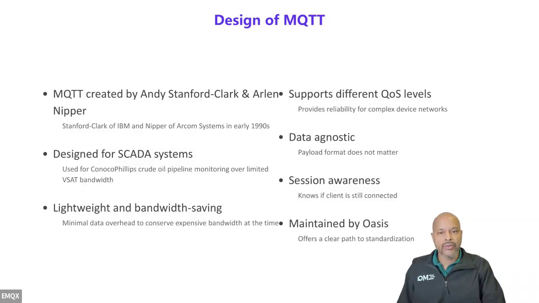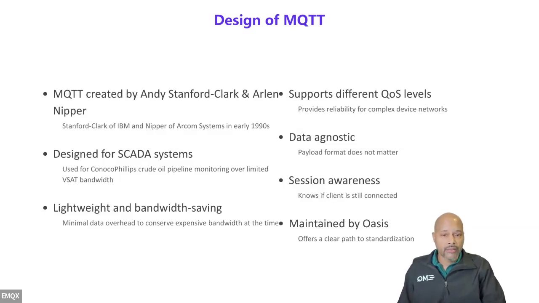If you had remote sensors or remote system, it was connecting over maybe a satellite system like VSAT, which bandwidth is at a premium. So we want to make sure that we're reserving that and using that bandwidth responsibly. So from the start, MQTT was designed to be lightweight, both on the CPU and memory and storage side, but also on the bandwidth side.